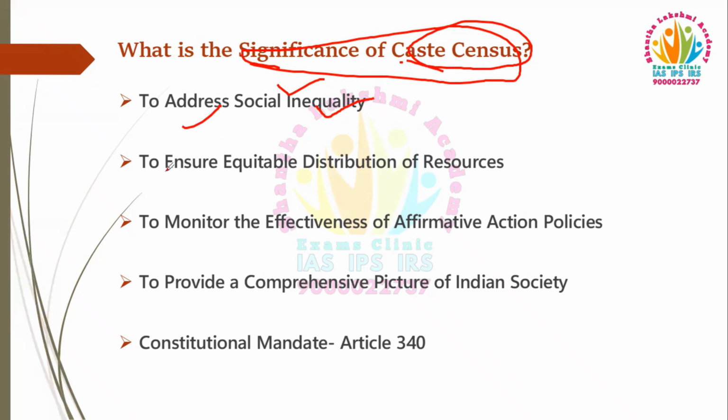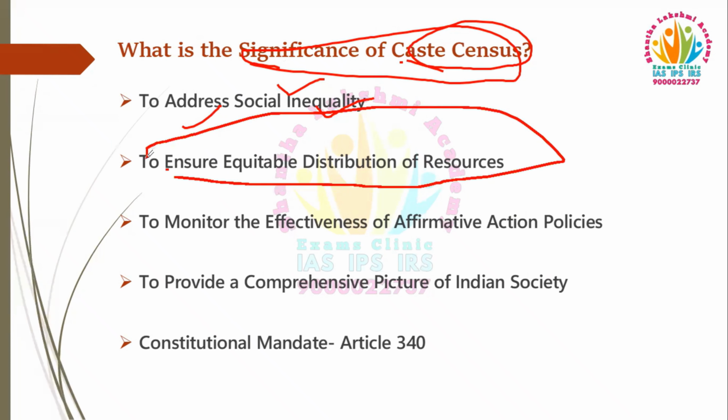The second significance is that it helps us to ensure the equitable distribution of resources, because with the caste census data, we get insights about the socio-economic conditions of the people and the needs of different categories.